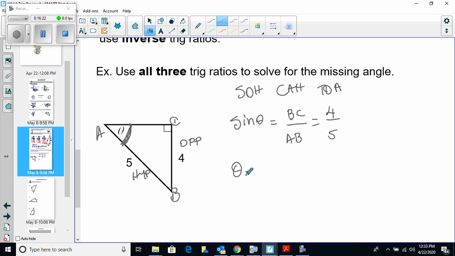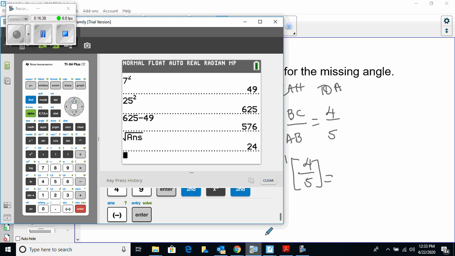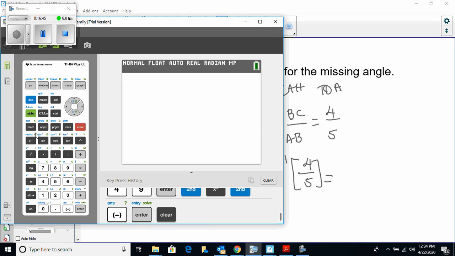In order to find the angle theta, we'll use what is known as the inverse sine, or inverse trig ratio of the sine in this case. In order to do that, we will use the calculator. Inverse is reached by pressing second function sine, and then we say 4 over 5.